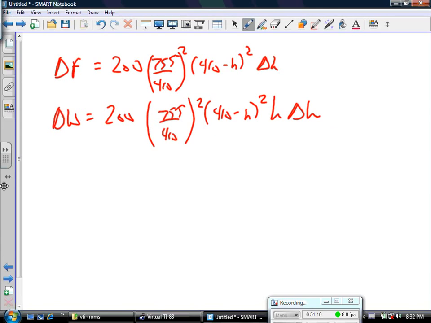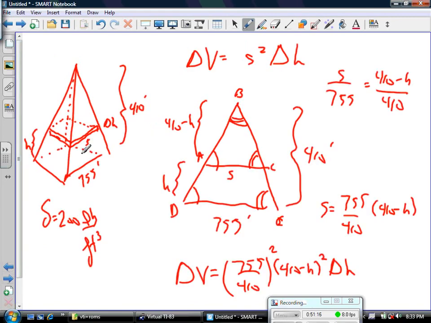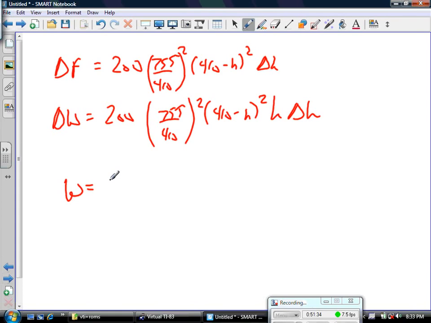How do you get W? W is going to be what? Remember, this is the work done to place the bricks that make up this slab, right? I want to add up all those slabs and get the work done for down here, up there, all of this stuff, right? So integrate from what to what? 0 to 410, that's in terms of h.